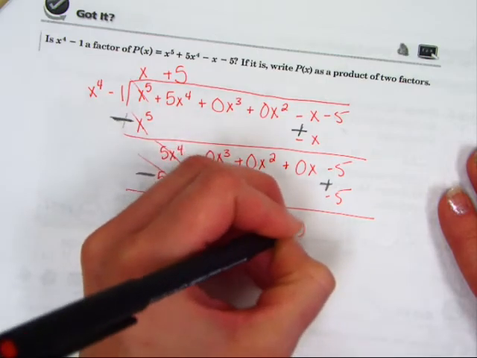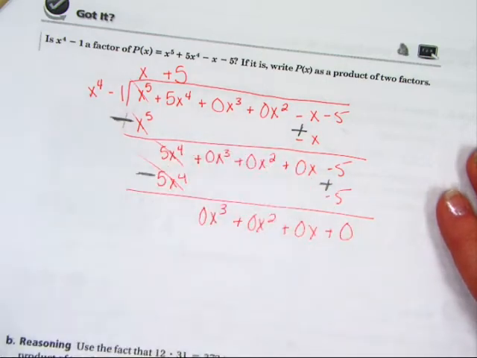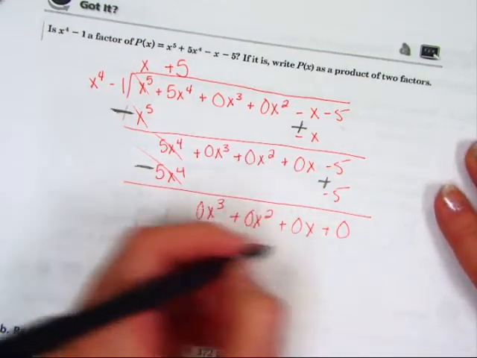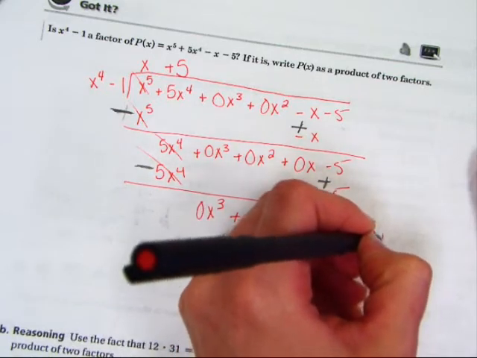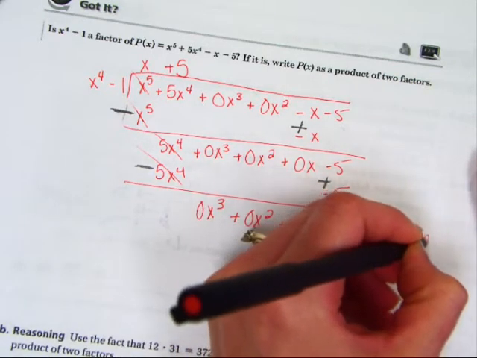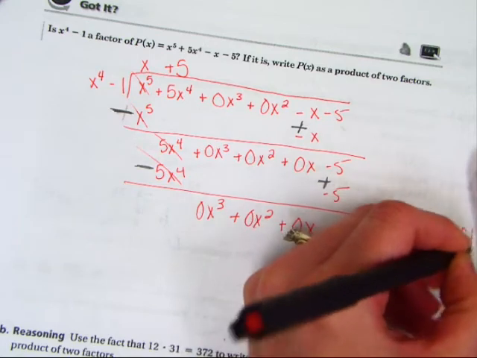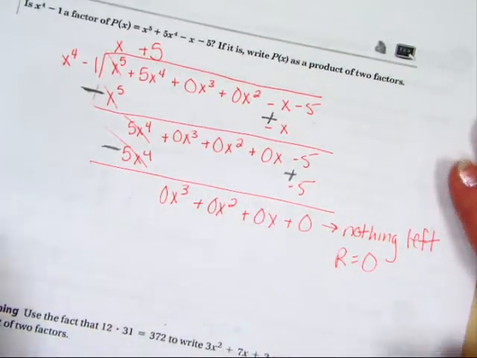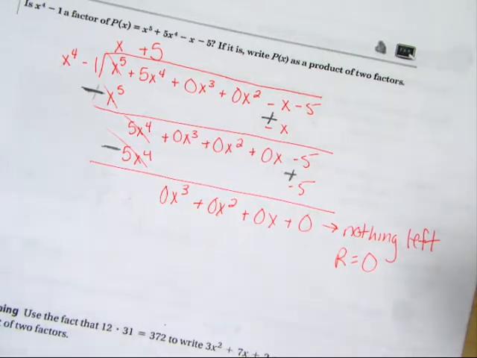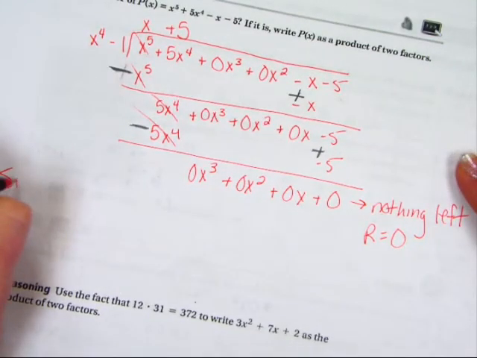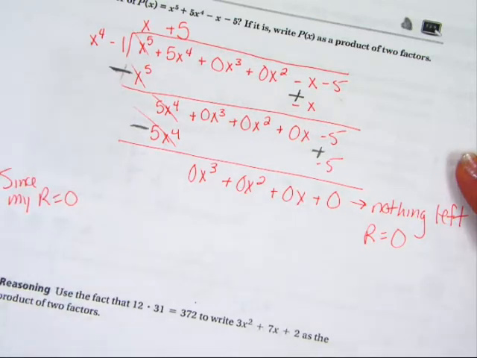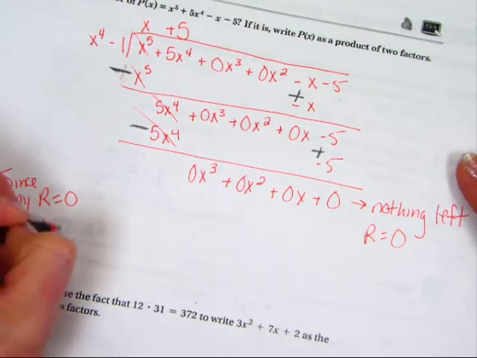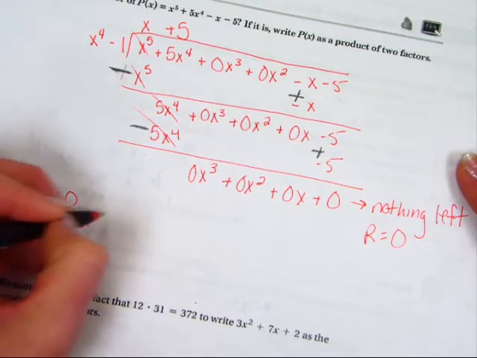Now, does that always happen? Absolutely not. That does not always happen. But see how they're all zeros? That means there's nothing left. So if there's nothing left, that means my remainder is 0. So let's use some logic here, okay? Since my remainder equals 0, x to the 4th minus 1 is a factor.